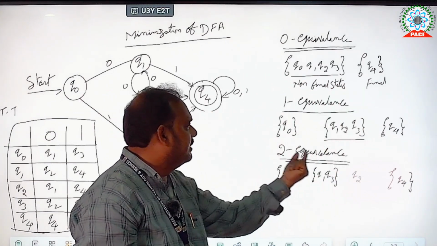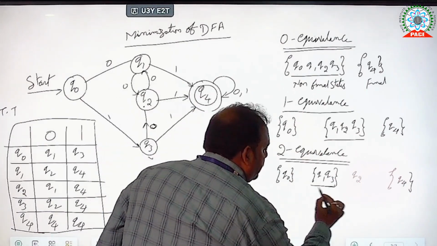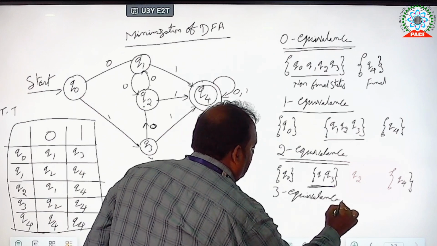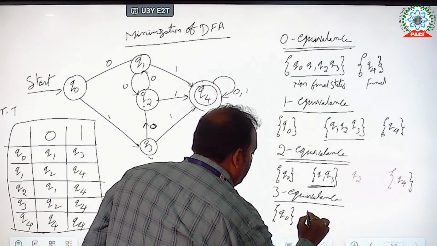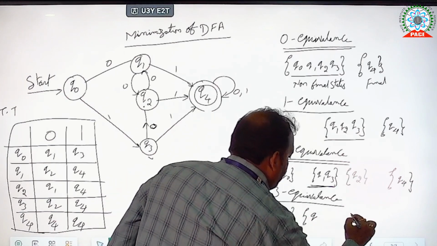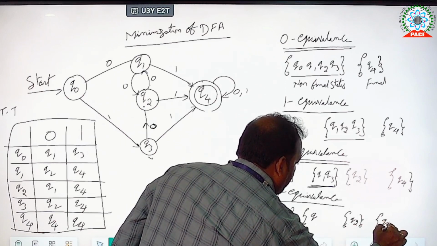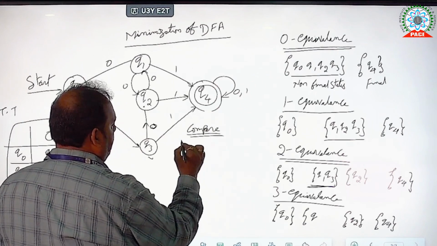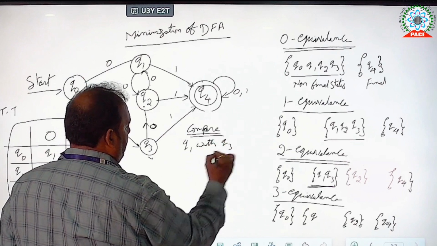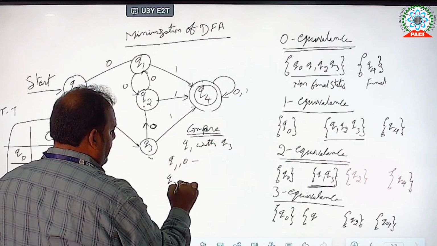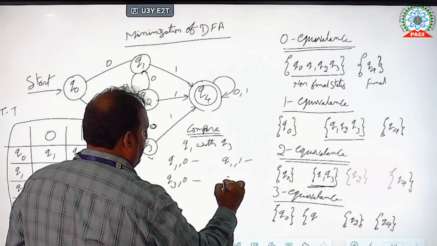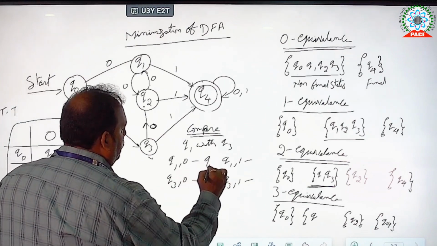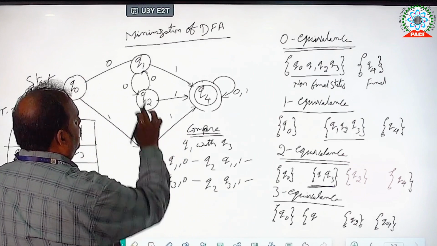So again the combination of Q2, Q1 and Q3 is there, and this one is simplified. Q1 with a 0 transition reaches Q2, Q3 with a 0 transition reaches Q2, Q1 with a 1 transition reaches Q4, and Q3 with a 1 transition reaches Q4.